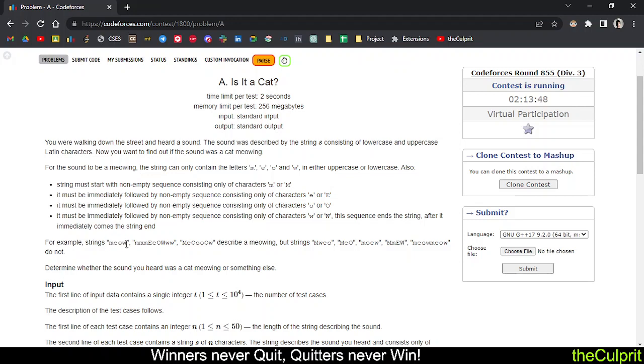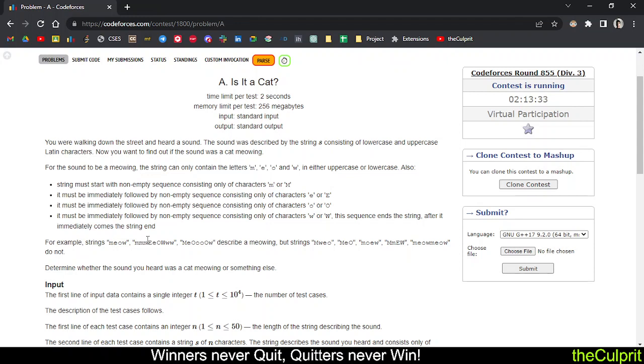So basically the question is, if I find the string to be containing the letters meow in order, maybe we can miss some characters over here.